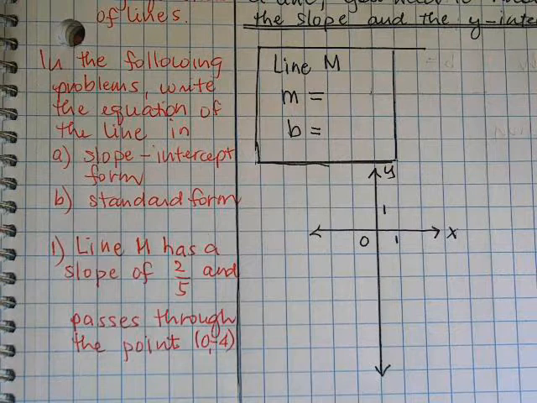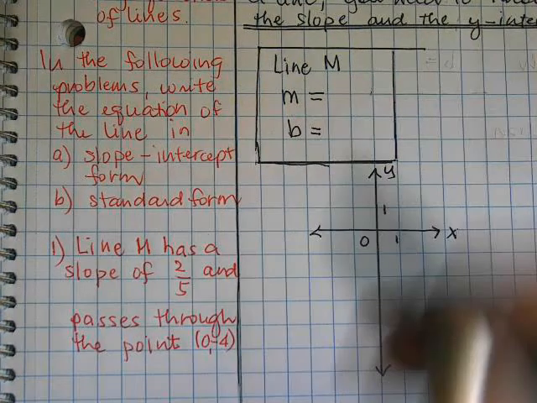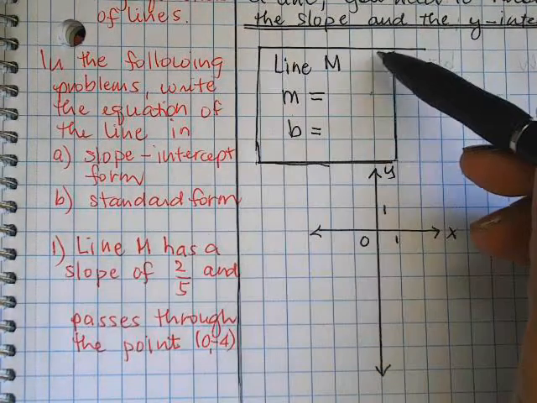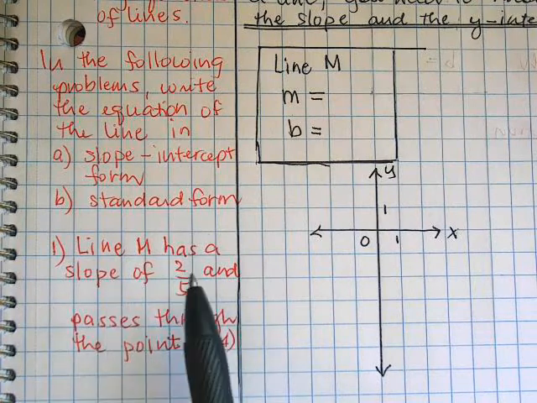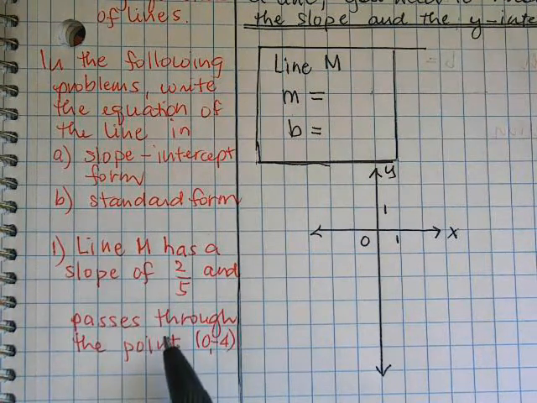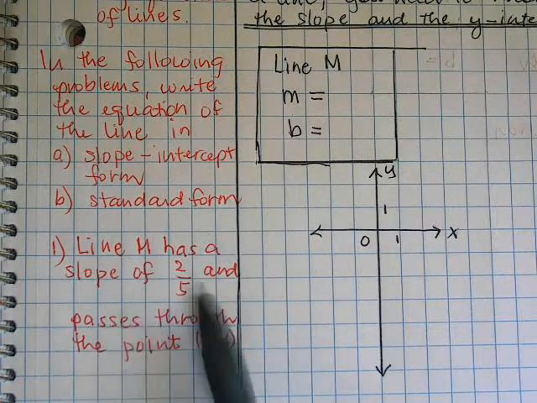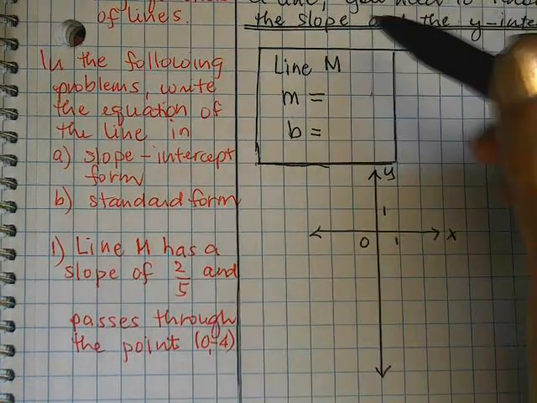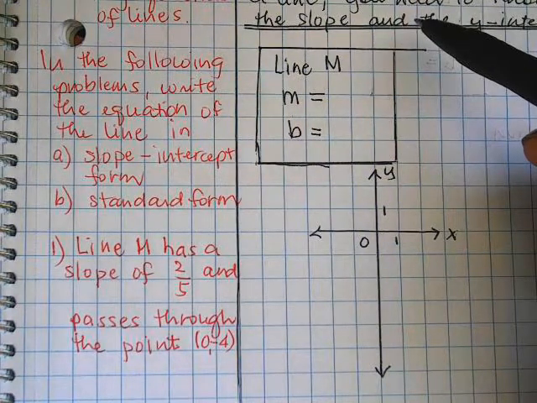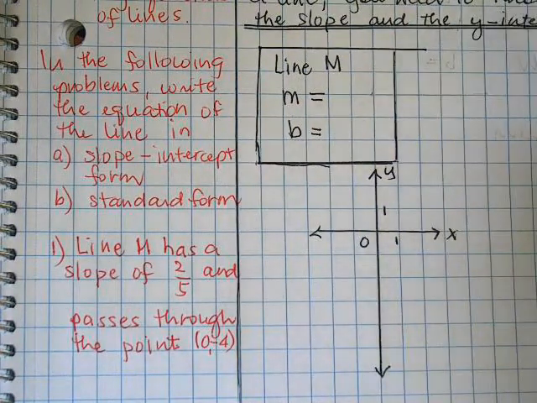Just to organize the solution, I want you to make a small table here. You're looking for the equation of line M. We said you cannot find the equation unless you have the slope and the y-intercept.